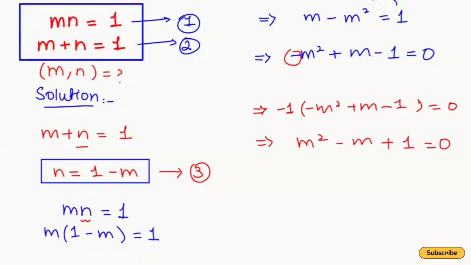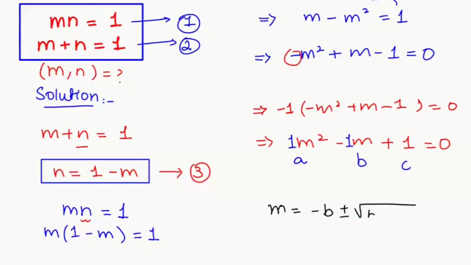So here we have the coefficient a equal to 1, b equal to negative 1, and c equal to positive 1. And the formula is m equals minus b plus minus root of b square minus 4ac over 2a.